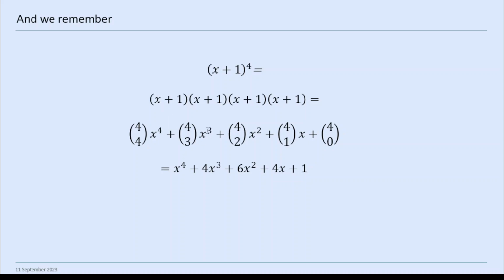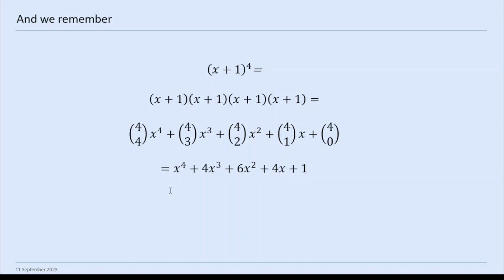If we're choosing x cubed, we need 3 brackets with x in, and then the other one's just going to have a 1. So we're choosing 3 from 4 to have the x in. So there are 4C3 ways of getting x cubed.